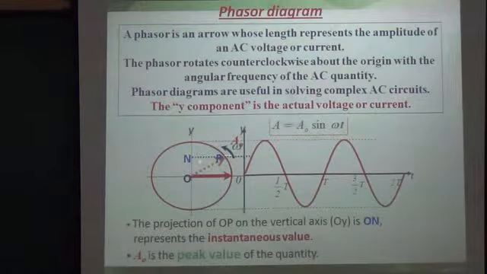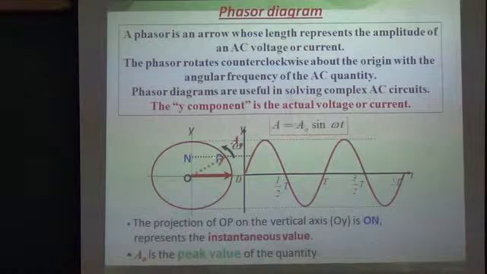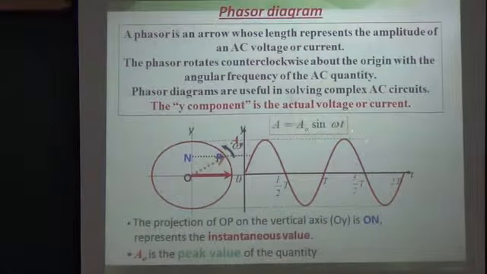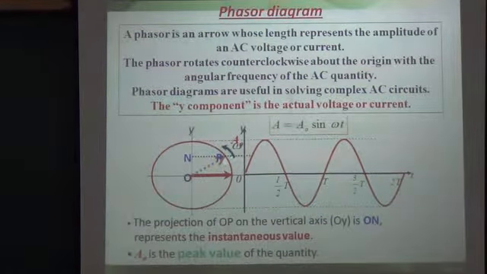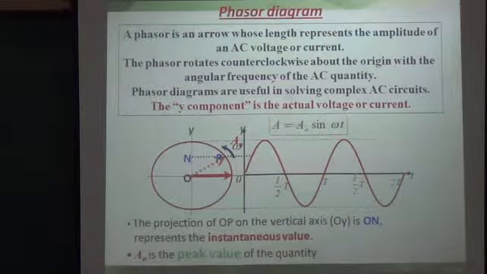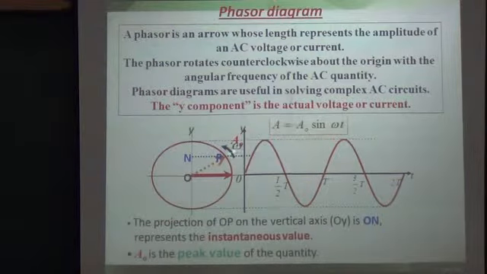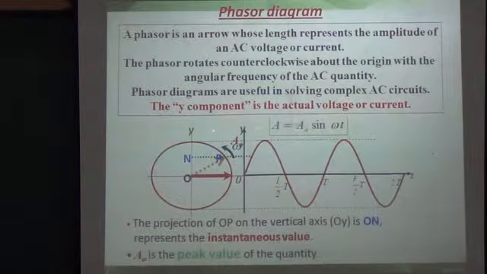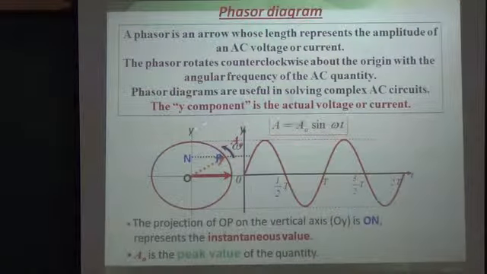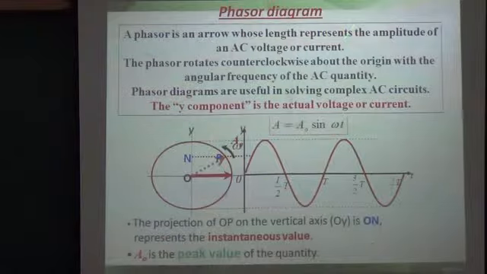In this case, since A is A0 sin omega t, this projection ON on the y-axis is going to be my instantaneous value of the voltage. If I take A0 cos omega t, then it will be the projection on the x-axis, and that will give me the instantaneous value of the current or voltage, whatever is the quantity.